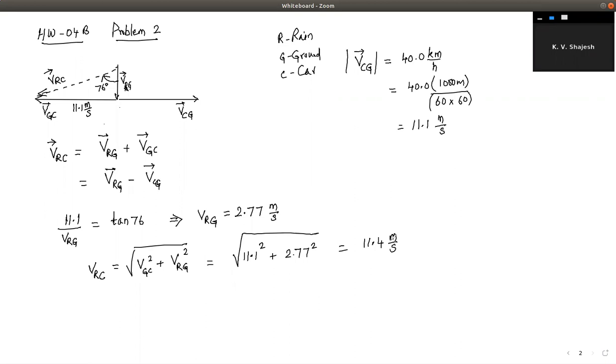So the rain seems to be coming at a faster speed because it's adding on to the speed of the car itself, and it falls, of course, at an angle of 76 degrees with respect to the vertical. That's part A and part B, actually. So this is part B, and that's part A.